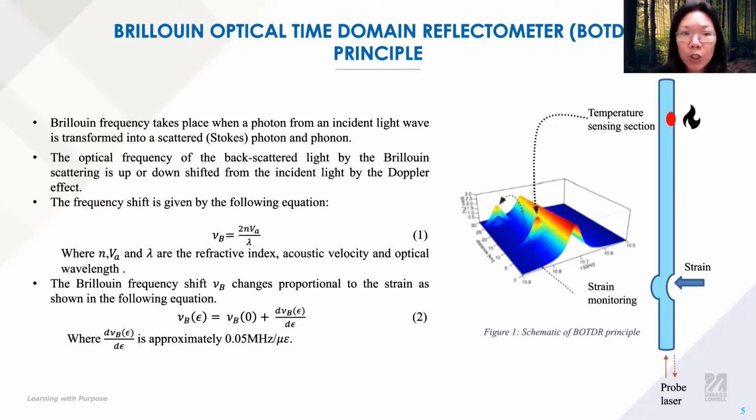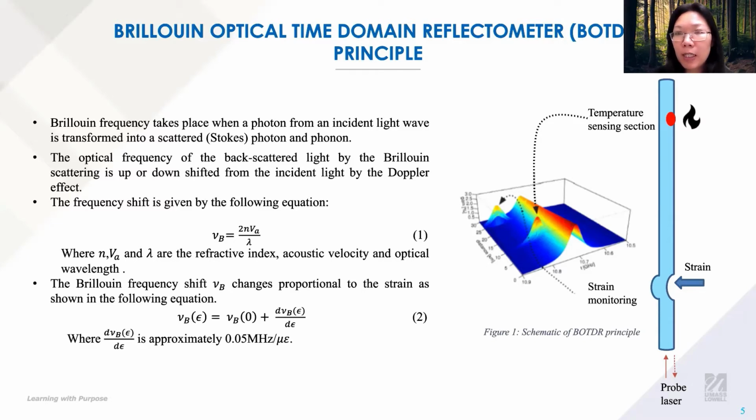This frequency shift depends on the temperature and also the strain applied on this fiber. So if we keep monitoring this optical frequency shift, we can know the strain distribution along this fiber. This is the beauty of this system.